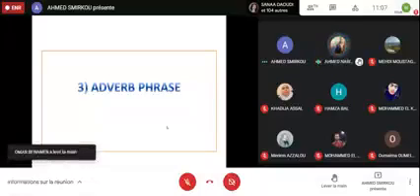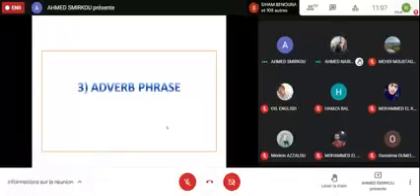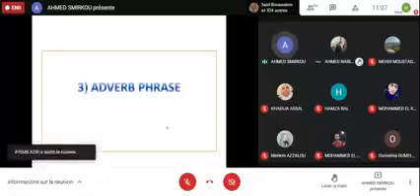Sir, adverb modifies the verb. No, I'm not talking about the modification, the function of the adverb. I'm talking about the adverb phrase where the adverb is the head and what modifies the adverb.